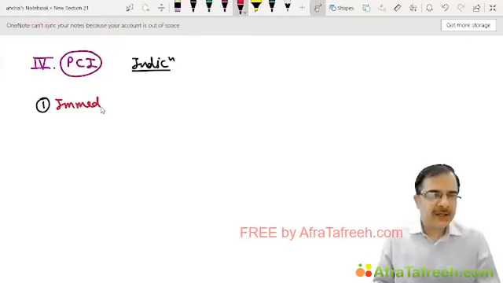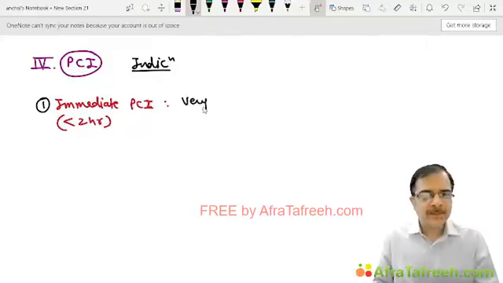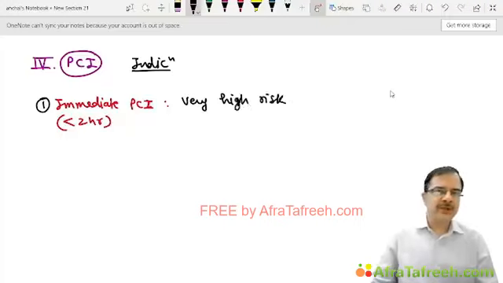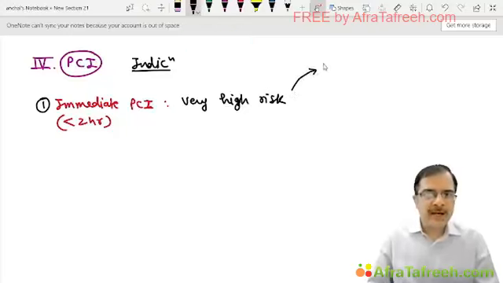Immediate PCI means it should be done within 2 hours. It is done in cases of very high risk patients.